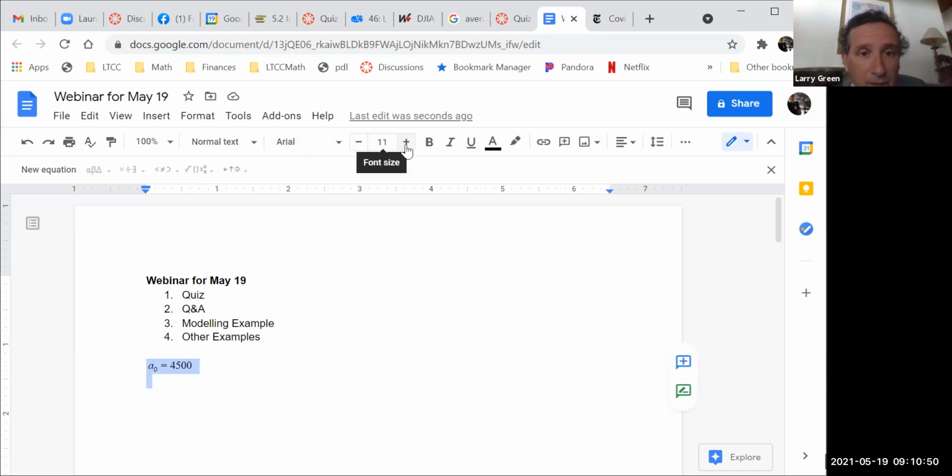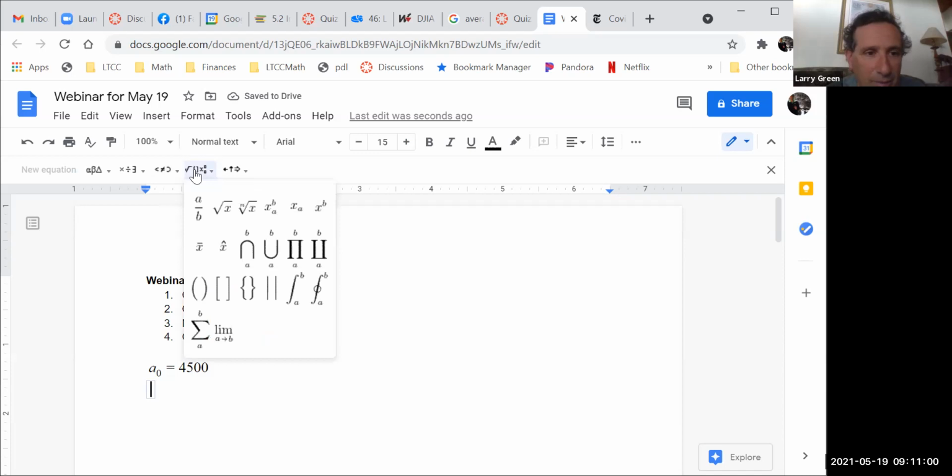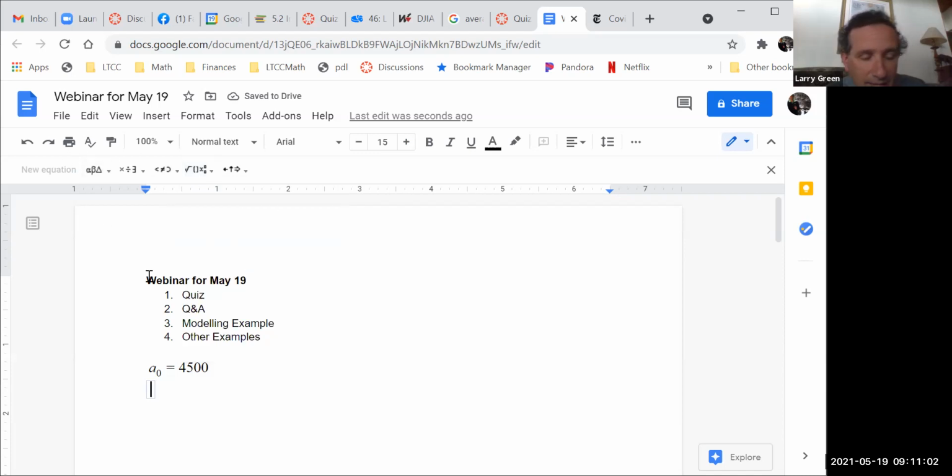Make this a little bigger. So that's not supposed to be too hard. Okay, let's write the recursive equation because I think it's easier to talk about that way. At least we have all the information. And that is a sub n plus 1 is equal to, so if you know what the last one is, how do you get the next one?